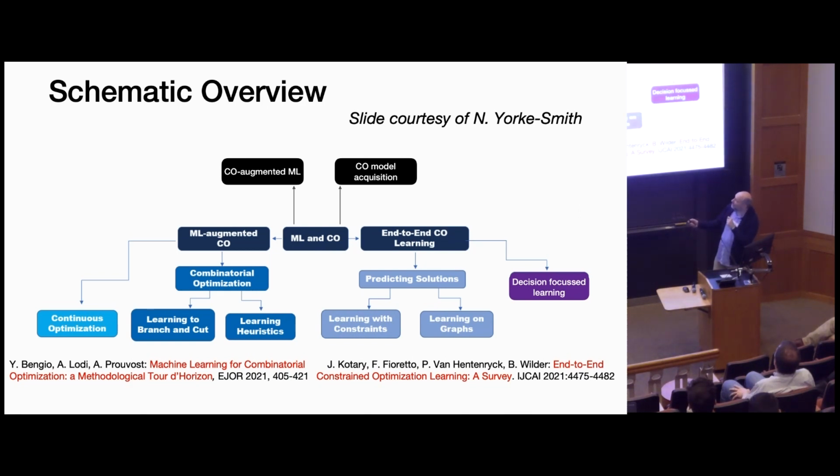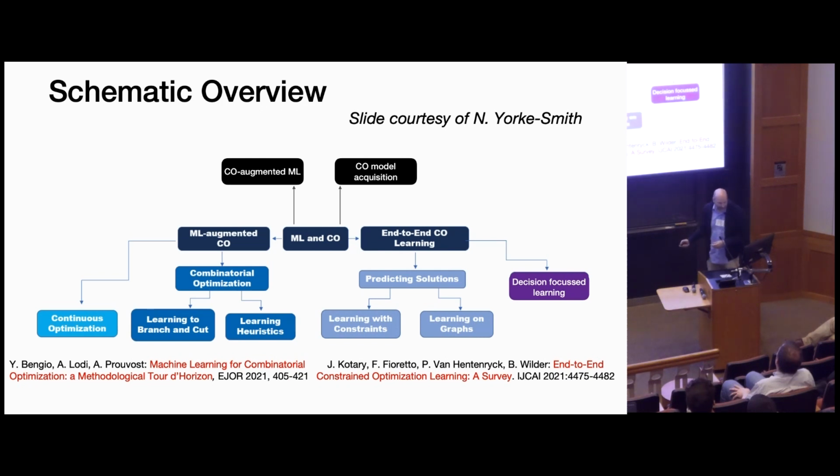You start with combinatorial optimization augmented ML, that is, how to use combinatorial optimization inside a machine learning framework, which is obviously a classical idea, since many problems in machine learning can be cast as discrete optimization problems. Then there is combinatorialization, model acquisition by machine learning, and plenty of other things.